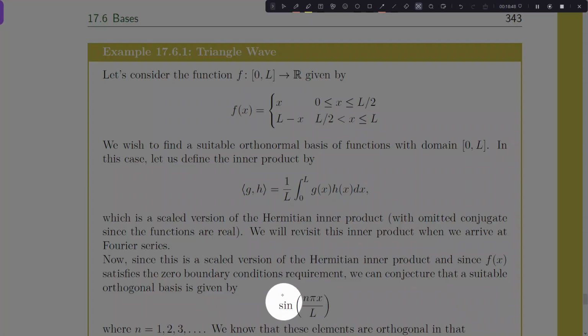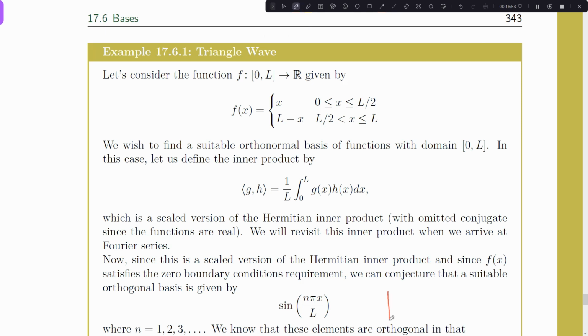So let's project this triangle onto a sine, which, let's recall what the sine looks like over that interval as well. Sine's going to look something like this. Triangle looks like this, 0 to L, 0 to L. That's for n equals 1. For n equals 2, we have something like this. For n equals 3, we have something like that, and so on with the sines, and we can project onto each one of those using the standard inner product notation.